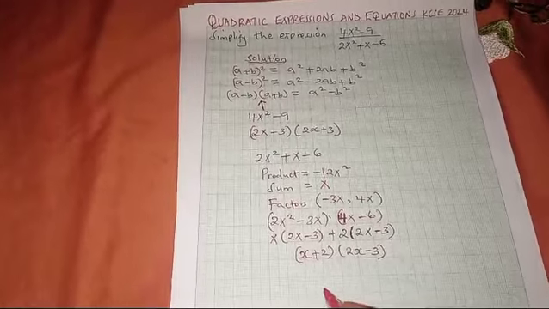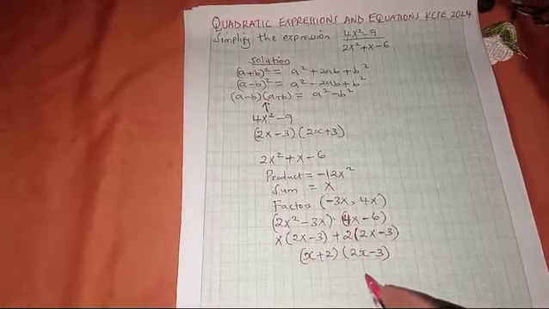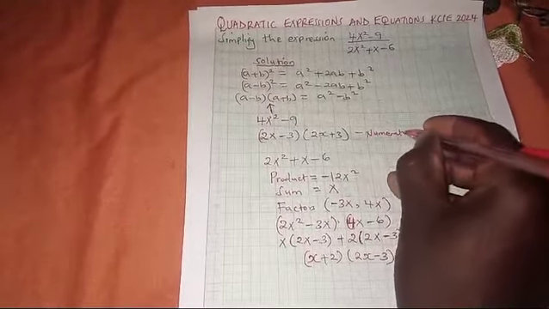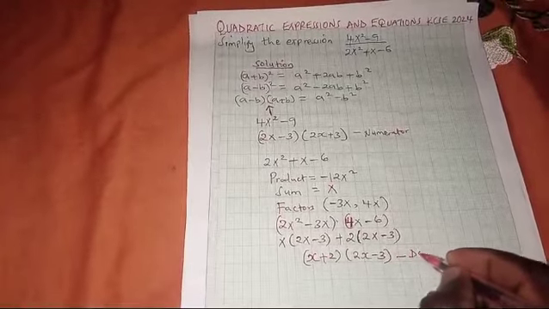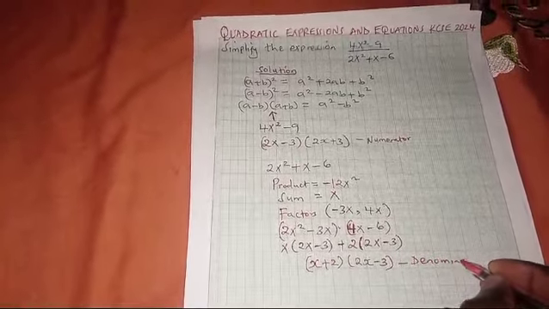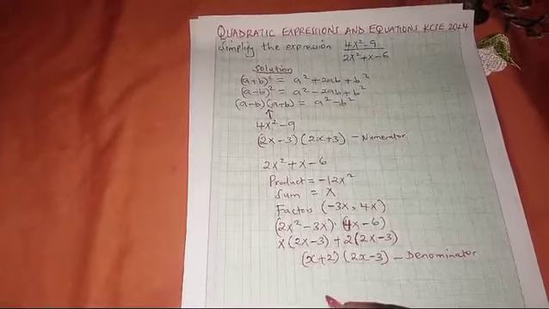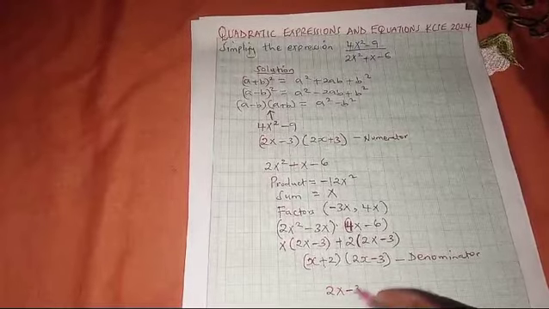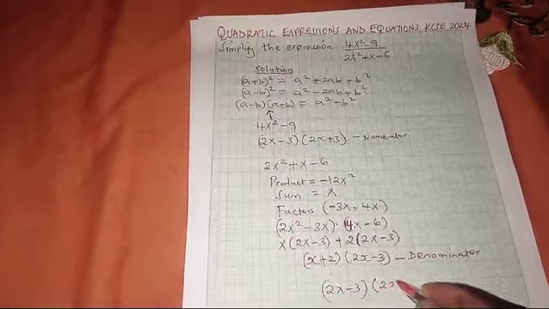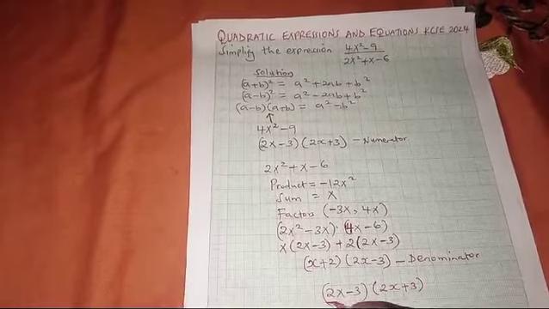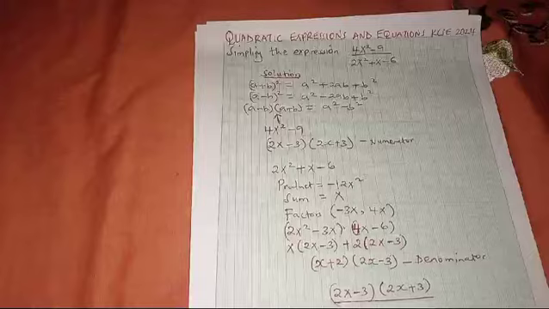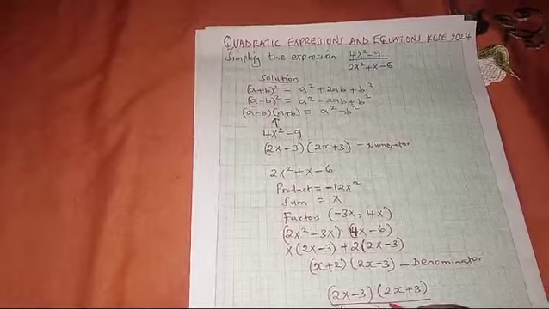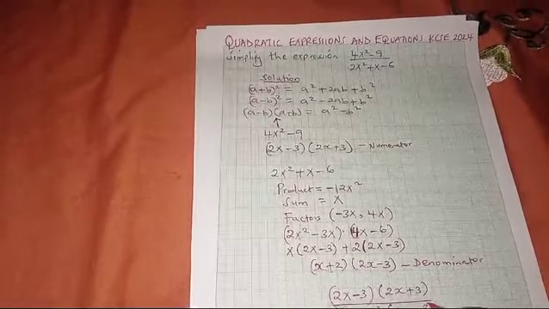Now we want to combine the numerator and the denominator. Remember, this is our numerator in its simplest form, and then we have the denominator in its simplest form. We combine the two by saying we have (2x minus 3) multiplied by (2x plus 3), divided by (x plus 2) multiplied by (2x minus 3).